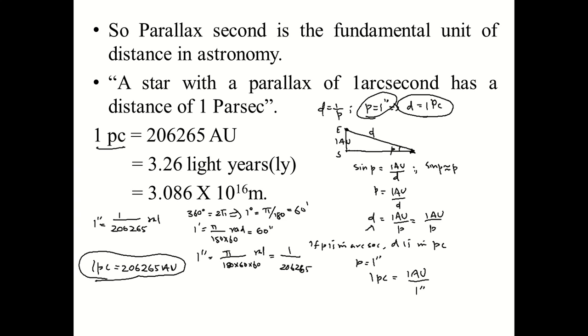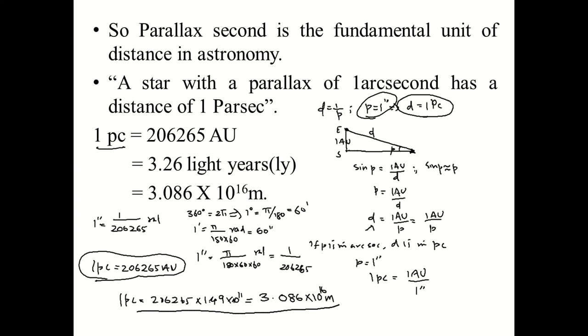Now you know that 1 pc is equal to 206,265 astronomical units, but one astronomical unit is 1.49 into 10 raised to 11 meters. If you do this calculation, you can see that it will be 3.086 into 10 raised to 16 meters.